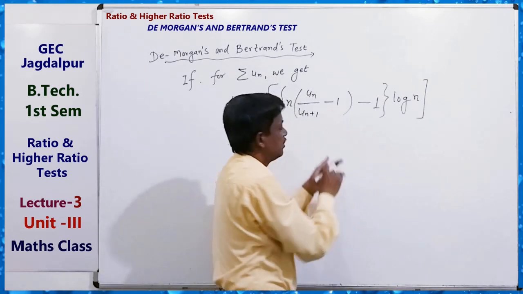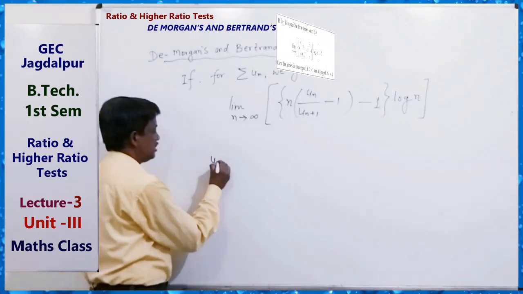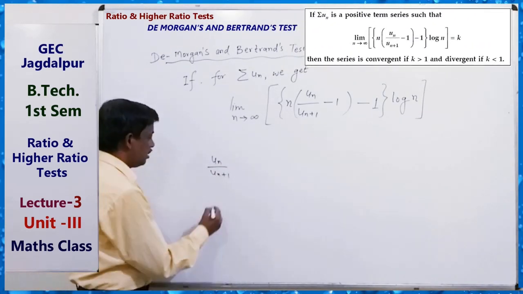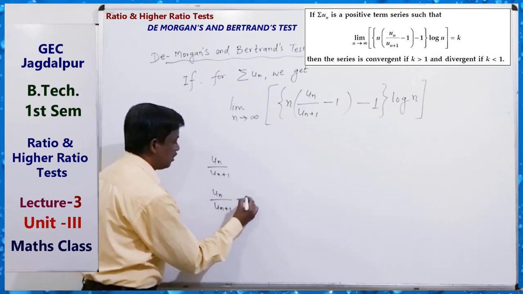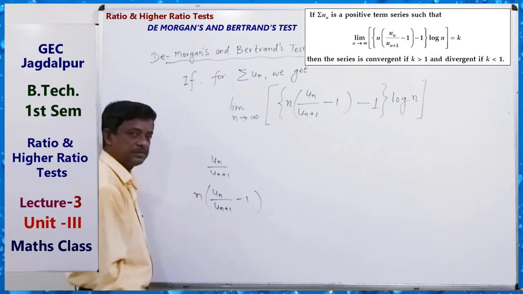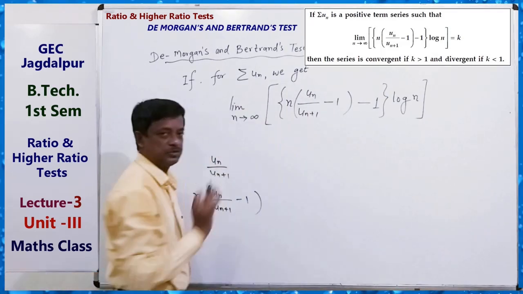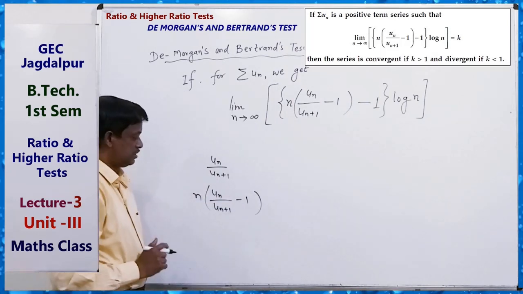This is for... Only just we know this un upon un plus 1 for ratio test, and for Raabe's test we are finding this. Only this is finding for ratio test. This is finding for Raabe's test.